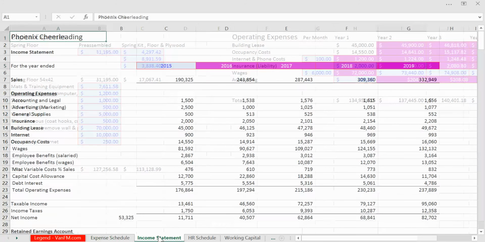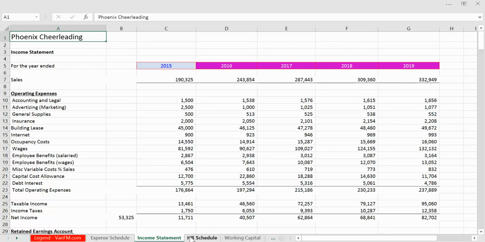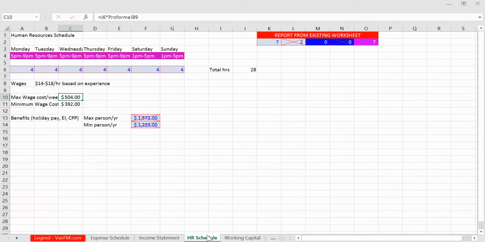So there's the income statement coming at us, and now this lets you know there's 7 input cells here, 2 don't go anywhere. So for example, this is an input cell, doesn't go anywhere. So my question would be, well, why is it in the spreadsheet? It's not a result, it's a hard-keyed number.